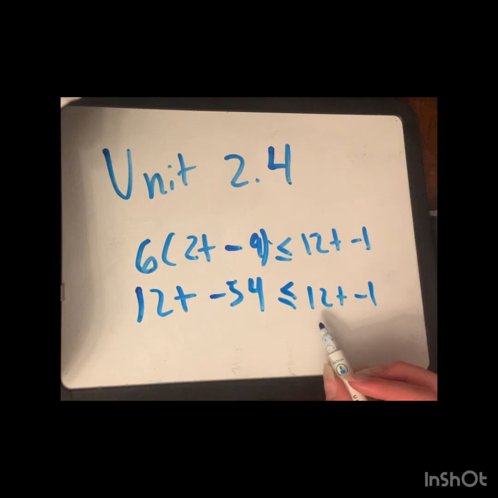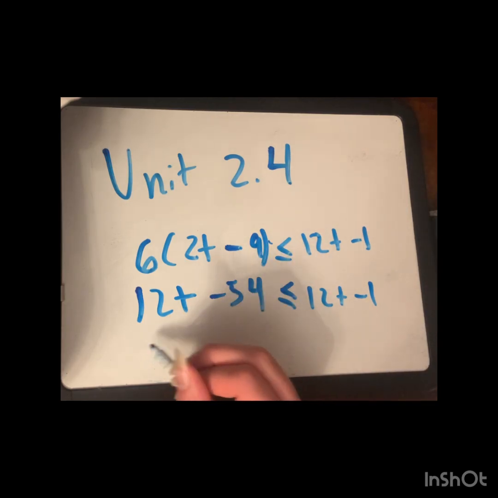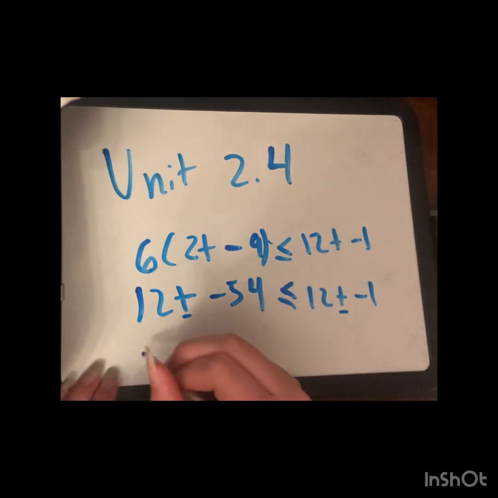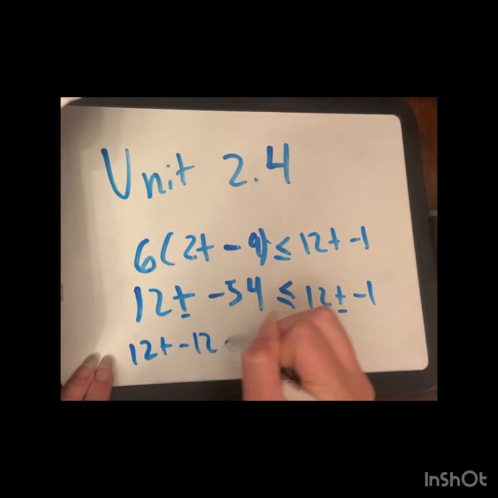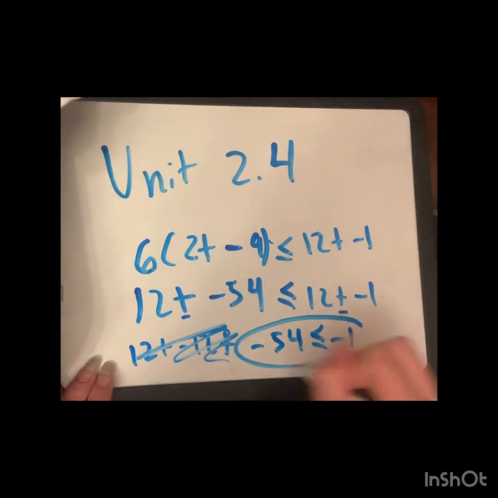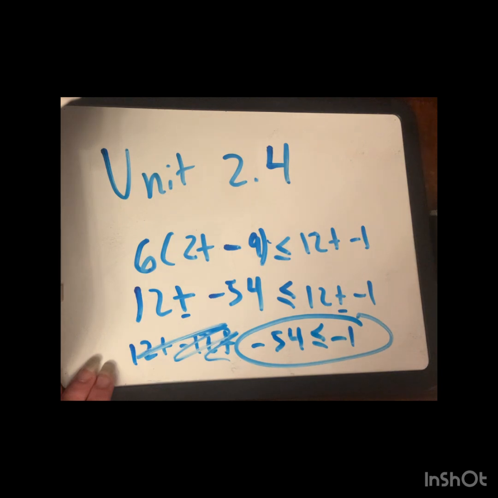Well, you bring the other inequality over here, like whatever variable has the same variable. 12t minus 12t cancels out the variable, which means that now you only have negative 54 is less than negative 1. If this is true, the inequality is true.